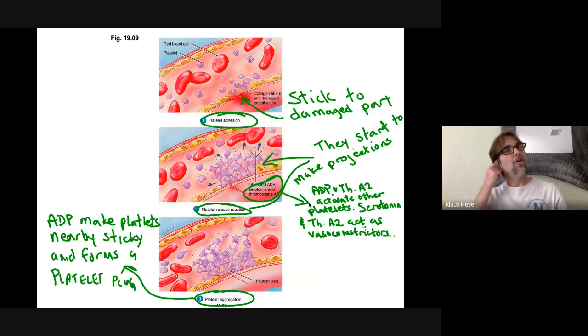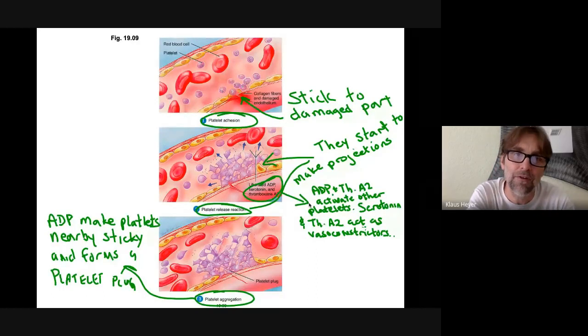So we talked about red blood cells, talked about white blood cells. And now we're going to discuss platelets. So there's 2 different types of reactions that you can have for hemostasis, for slowing down blood flow, right?